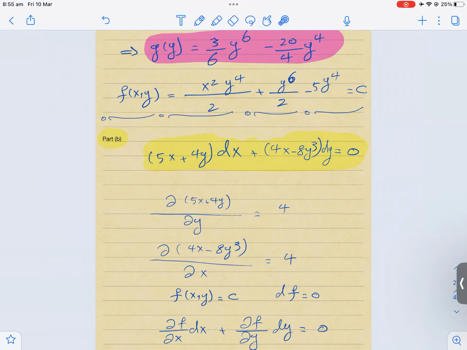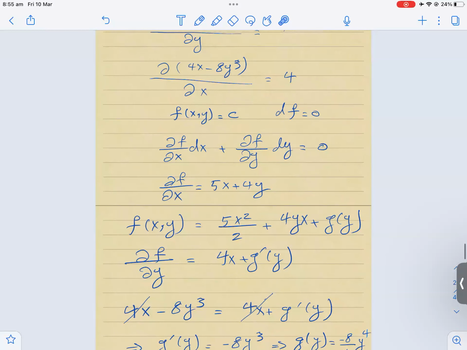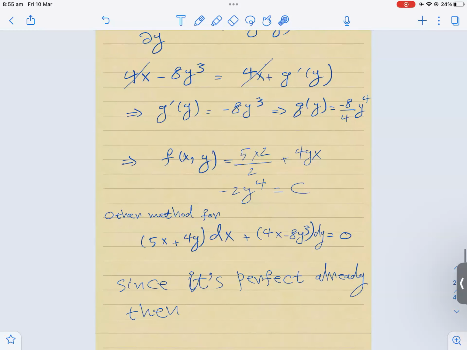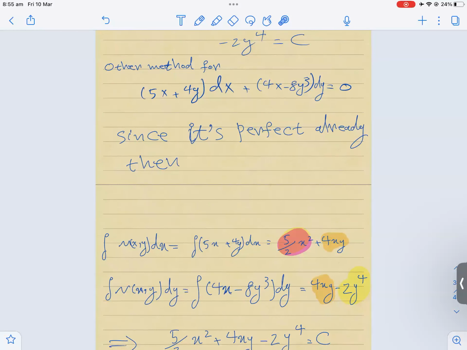The gradient of little f will be capitalized F. The capitalized F has been given to you, so you were asked to get the little f. It's the same process. Over there, it was 3 variables. This one is 2 variables, which means it is easier. So part B is the same thing. Other method, if you use 5x plus 4y, it's part B.